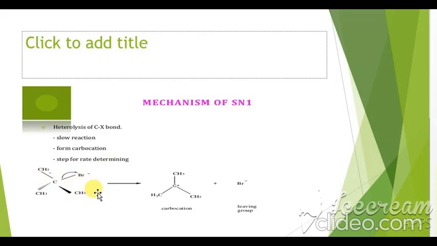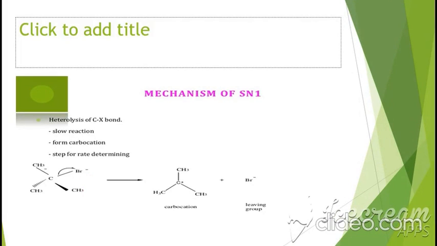This is all about the nucleophilic substitution reactions SN2 and SN1. If the question asks for the difference between the SN1 and SN2 reactions, it's very easy. SN2 is a single-step reaction; SN1 is a two-step reaction. In SN2, the reaction kinetics depends upon two molecules, the nucleophile and the substrate.